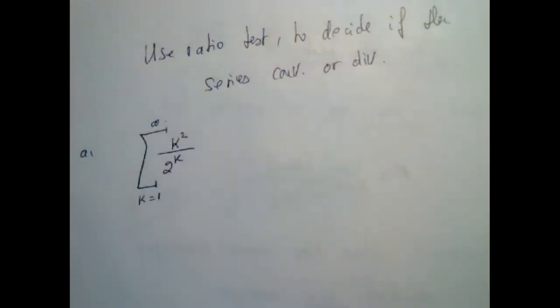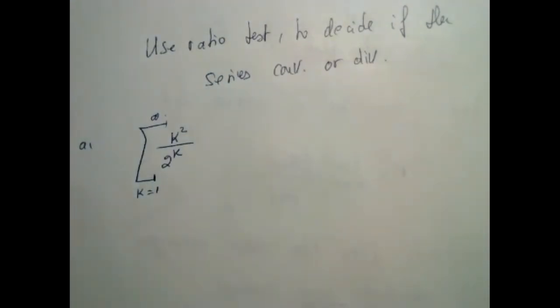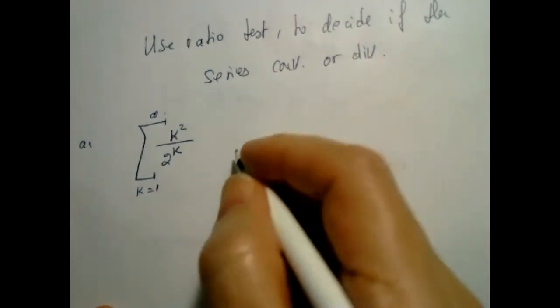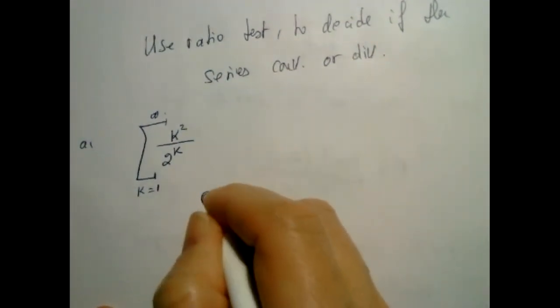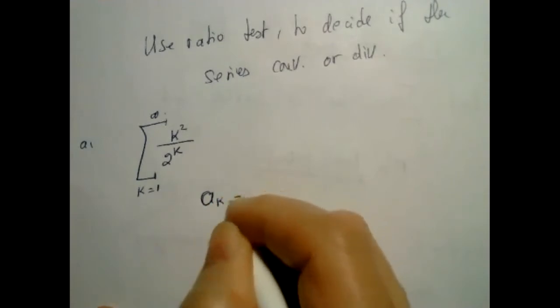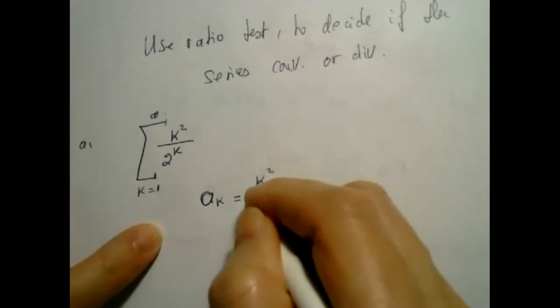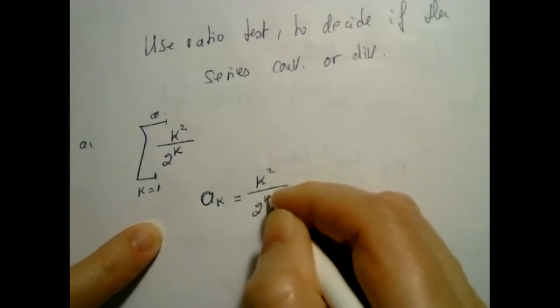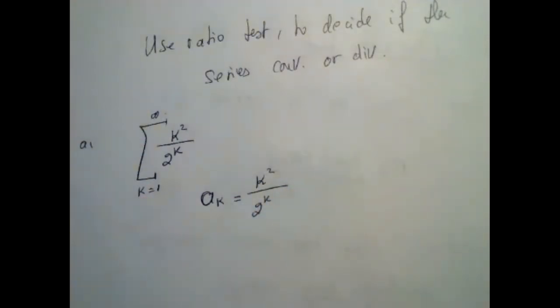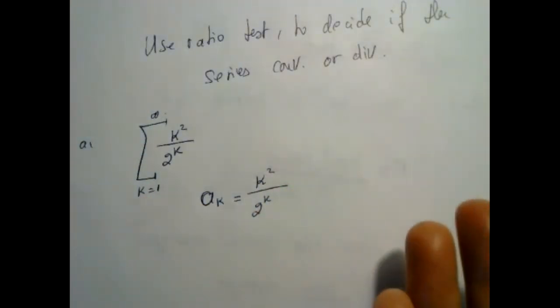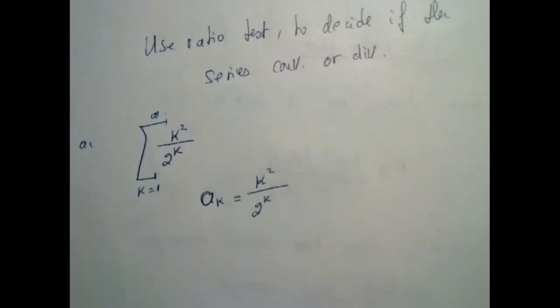So how does the ratio test work? First, we have to say what my ak is in this problem. The ak are the terms, so it's not alternating. So ak is k squared over 2 to the k. As the series has positive terms, absolute or non-absolute is really the same; it doesn't matter here.